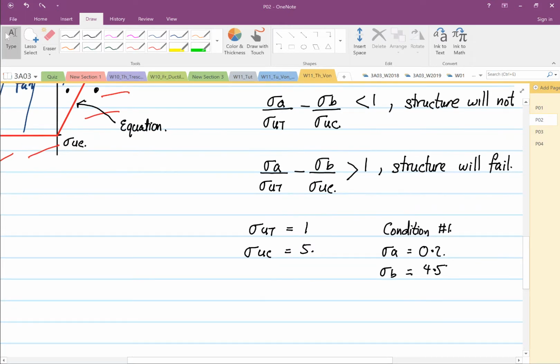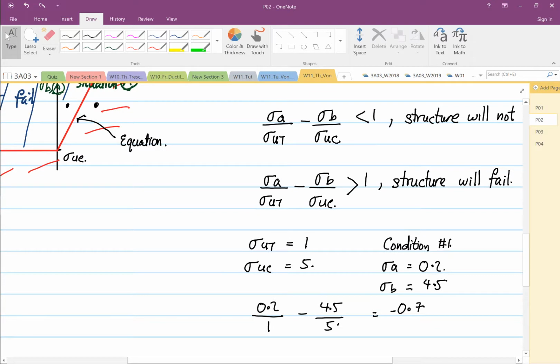So you plug in the values: 0.2 divided by 1, minus stress B, 4.5 divided by 5. So it's 0.2 minus 4.5 divided by 5, which is equal to minus 0.7. So for this case, the structure will not fail.